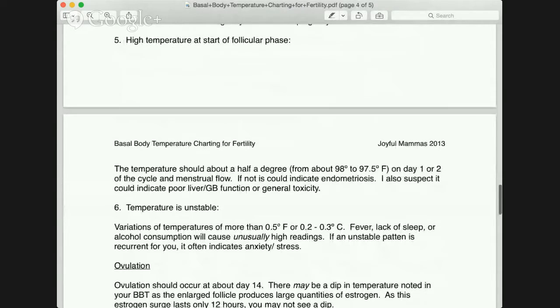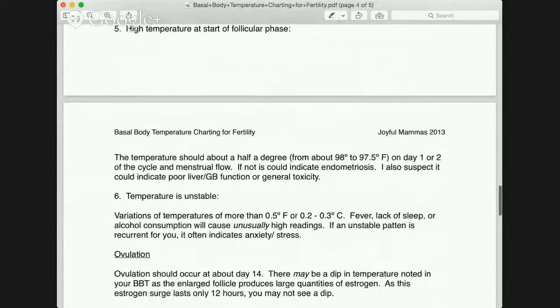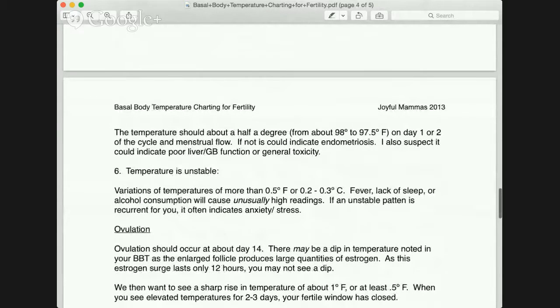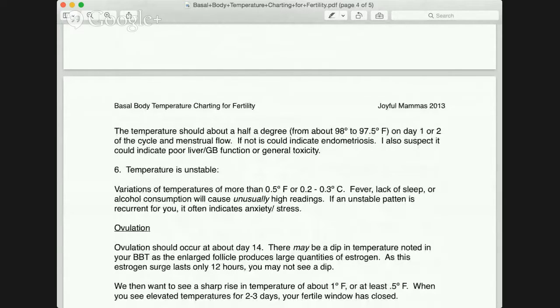What if it's just high at the start of the follicular phase? Yeah, again, this could be endometriosis or some kind of irregularity with the ovary, where the hormonal messages are off. Something about the signaling is off.